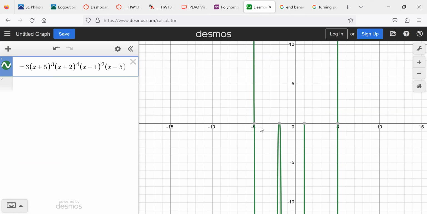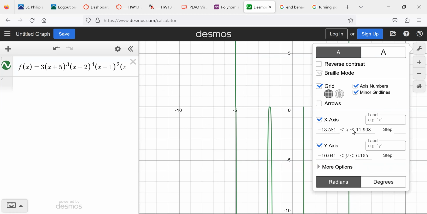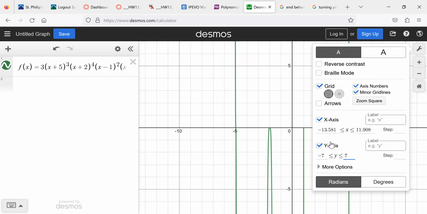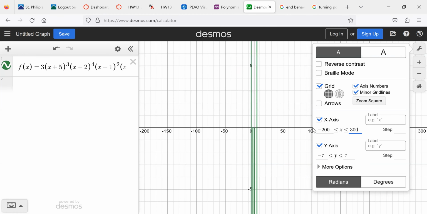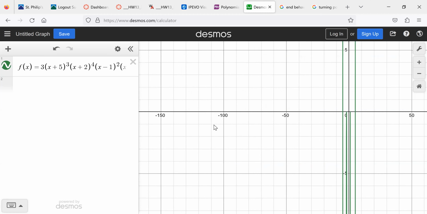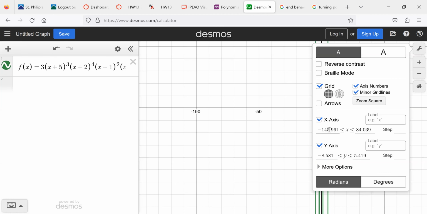Okay, this is an ugly picture because I need to adjust the axis here. That's too big.